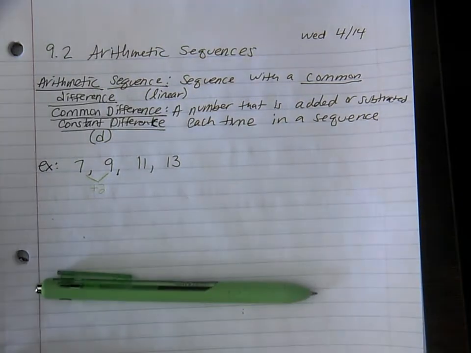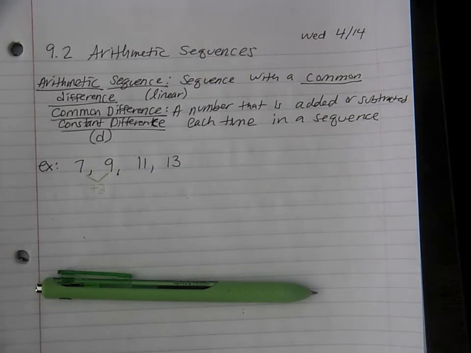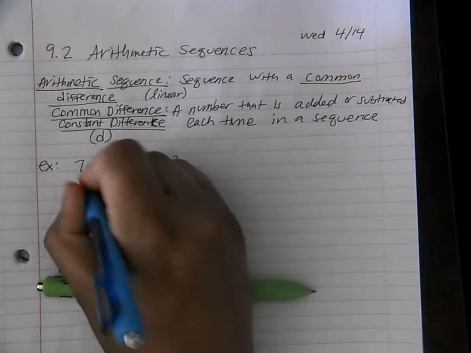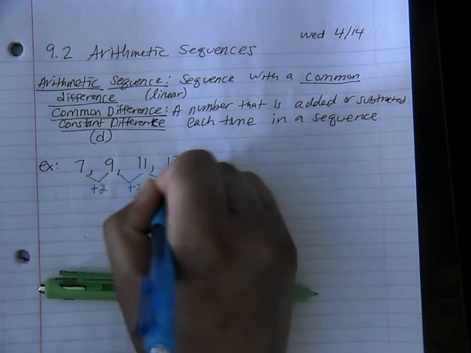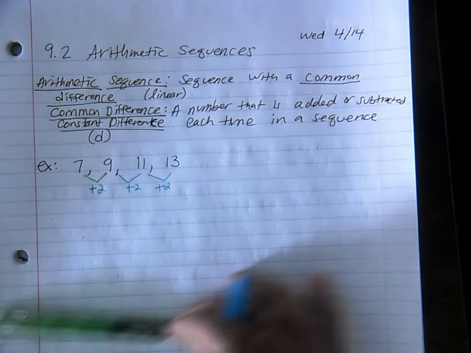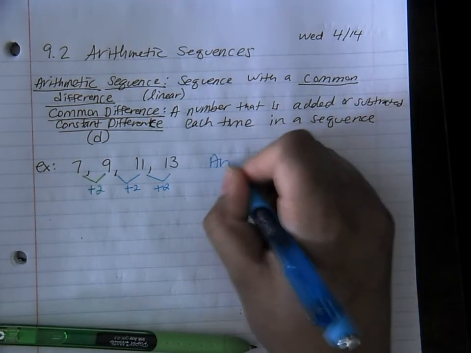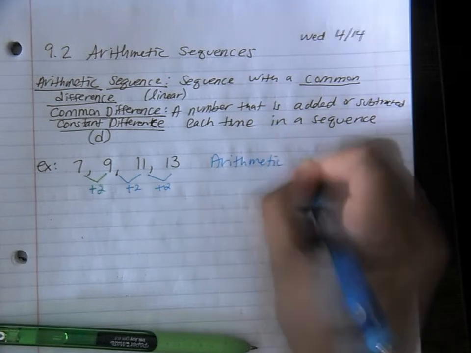Sorry, this pen is not great. Okay, let's see if this is better. We are adding 2 every single time. So that's how I know that this is an arithmetic sequence, first of all, because I'm adding the same number every time.